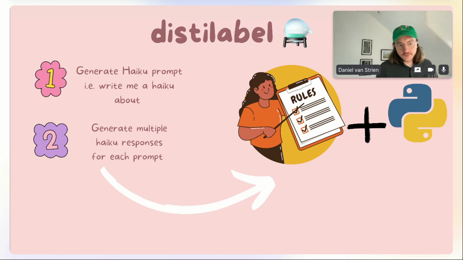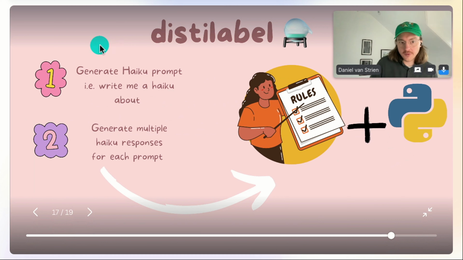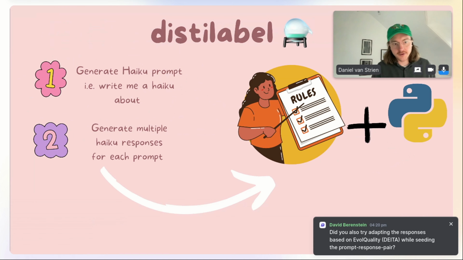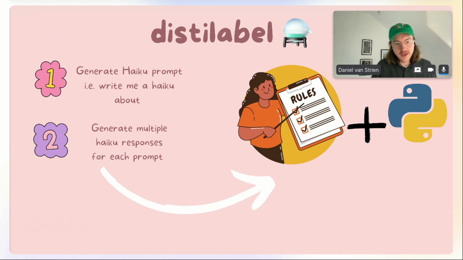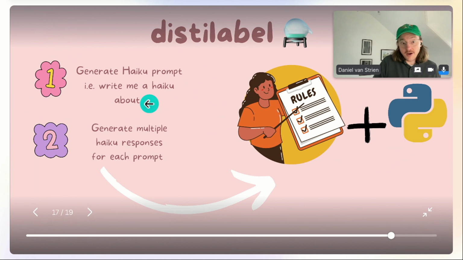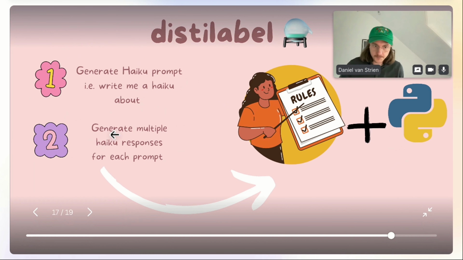So for these first two steps, distilabel basically will help you generate these haiku prompts, basically simulating a user saying, hey, LLM, write me a haiku about moss, or write me a haiku about forest. And then the next part is to generate multiple responses for each of these prompts.